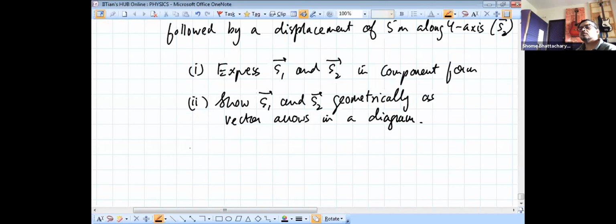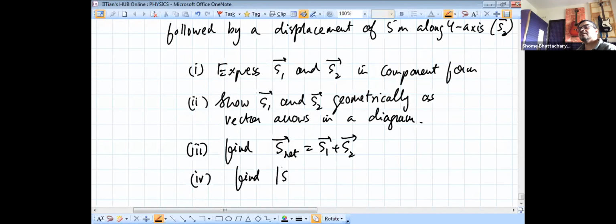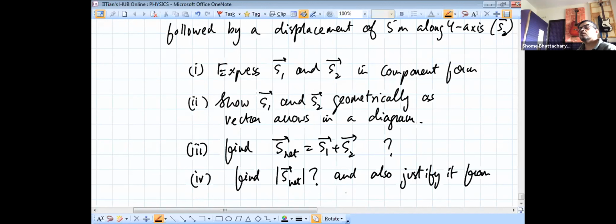Then third, find the net displacement as the vector sum of S1 plus S2. Fourth, find the magnitude of net displacement and also justify it from the diagram or geometrically.